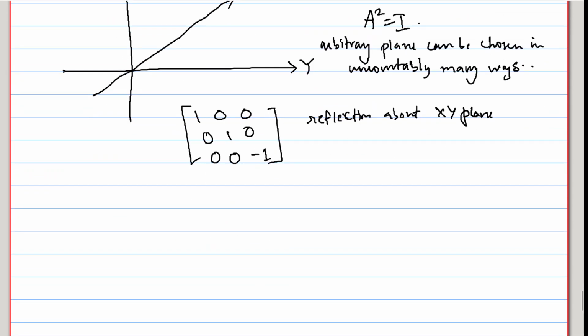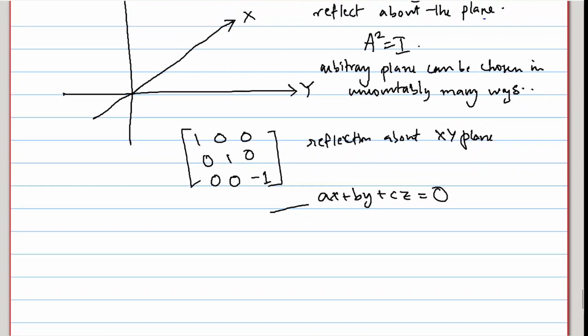So there can be several planes. You can take a plane like ax plus by plus cz equal to 0. Choosing such planes is equivalent to choosing the normal vector of the plane to be (a, b, c).